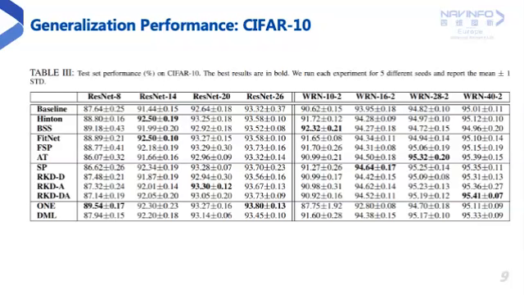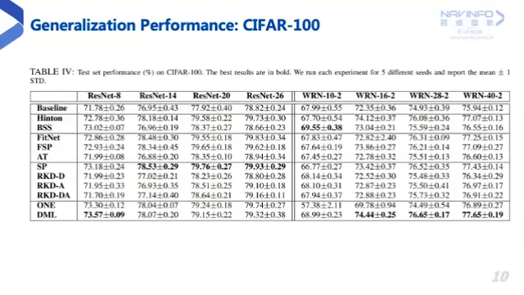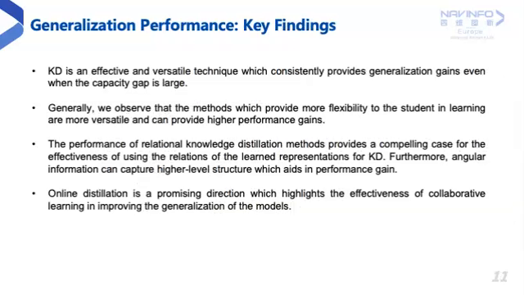We compare the distillation approaches on different datasets, including CIFAR-10 and CIFAR-100, and network architectures with varying capacity gaps between students and teacher, and show that KD is an effective approach. For detailed analysis of the results, please refer to the paper. The key finding: KD is effective and versatile enough to cater to different datasets and network architectures, even for a higher capacity gap between the students and teachers.